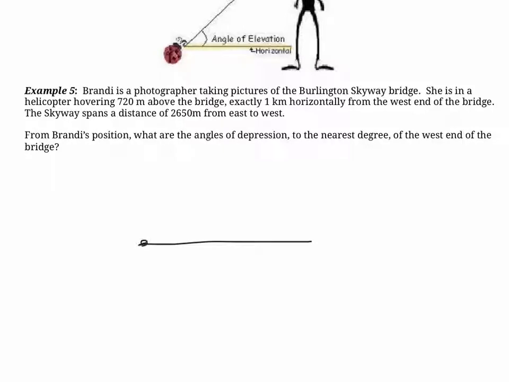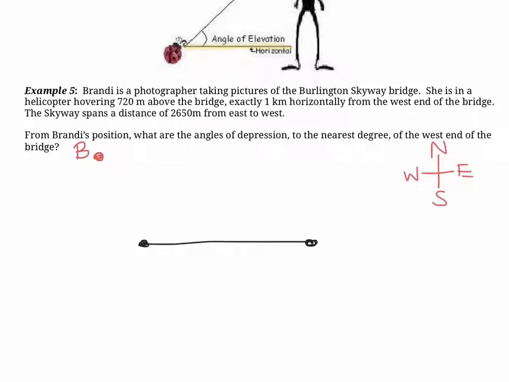Here we've got a bridge, and then we have somebody in a helicopter over the bridge. I'm going to write never eat shredded wheat here, northeast, southwest. It says she's in a helicopter hovering west of the bridge, so this is where Brandy is. She's in a helicopter. Ta-da!